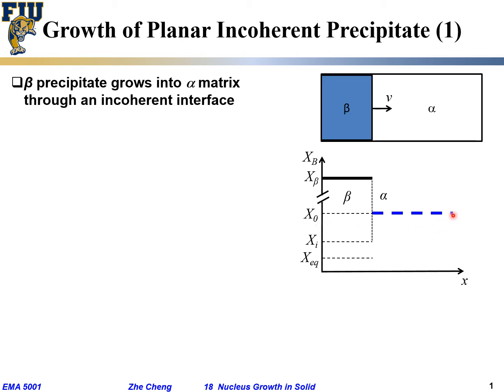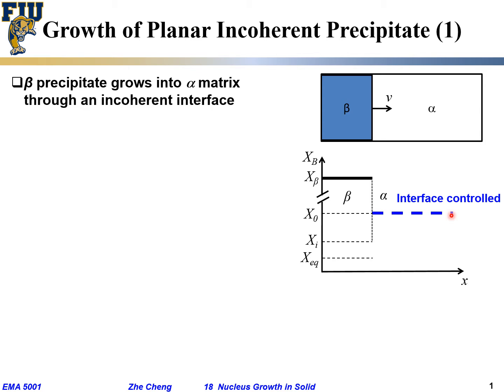This would be the case for the so-called interface controlled scenario, which means the diffusion within the alpha phase is very fast, and the concentration is constant. The diffusion is very fast, while at the interface, the transformation between beta and alpha is slow, and in that case, we would have constant concentration within the host or matrix material.